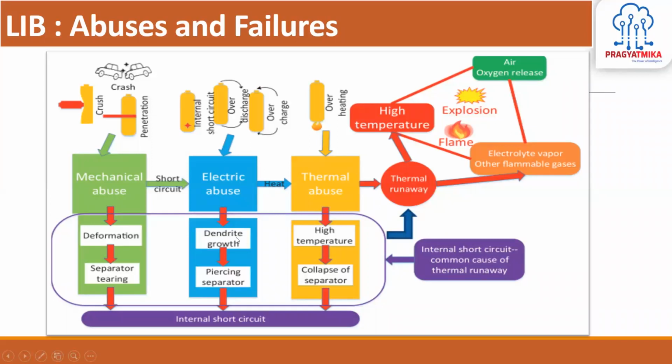Electrically, over a time period, dendrites grow inside the lithium-ion cell because the electrolytes are getting older and older, and later those dendrites start growing and pierce the separator. That dendrite growth or separator piercing comes under electrical abuse conditions.